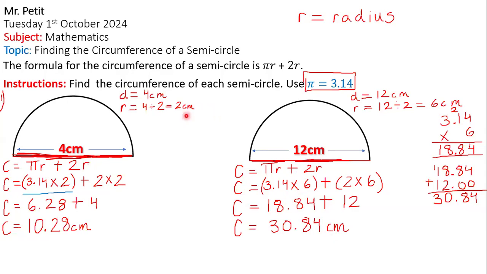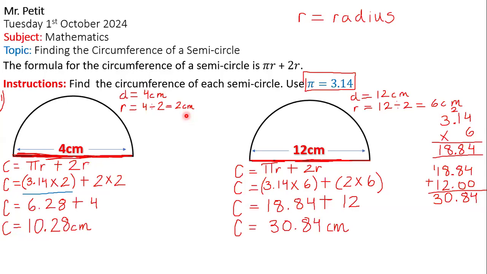All right, so the diameter is the full distance across the circle, and the radius is half that. So you divide 12 by 2, because half of 12 is 6. Then use the formula, which is pi r plus 2r.